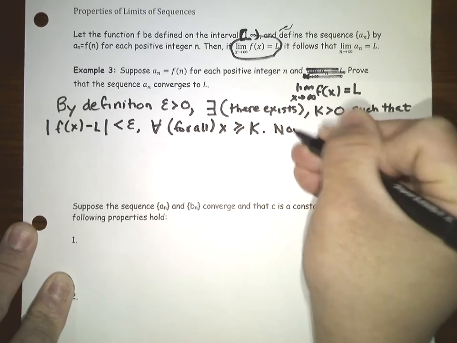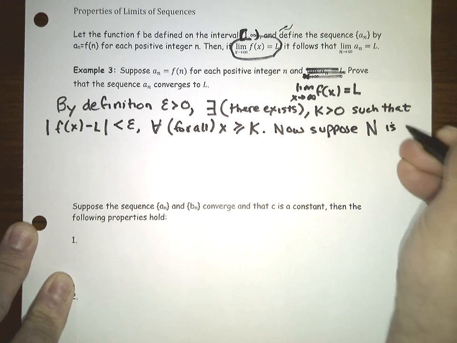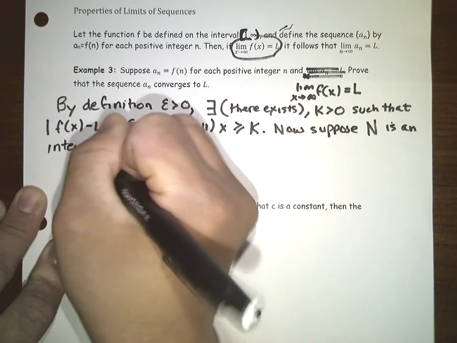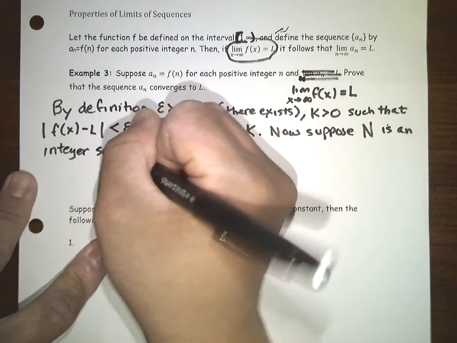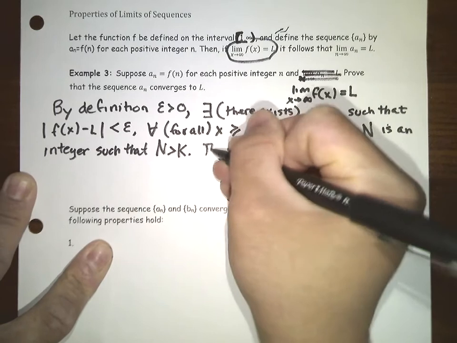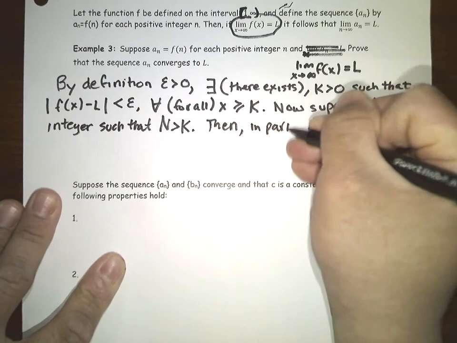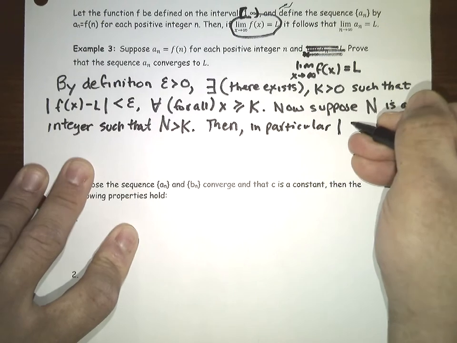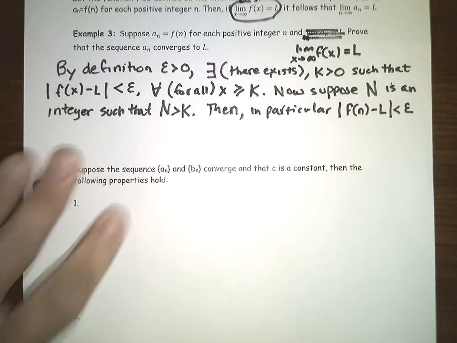So now let's suppose that capital N is an integer such that capital N is greater than k. Then in particular, you would know the absolute value of f of n minus L is less than epsilon.